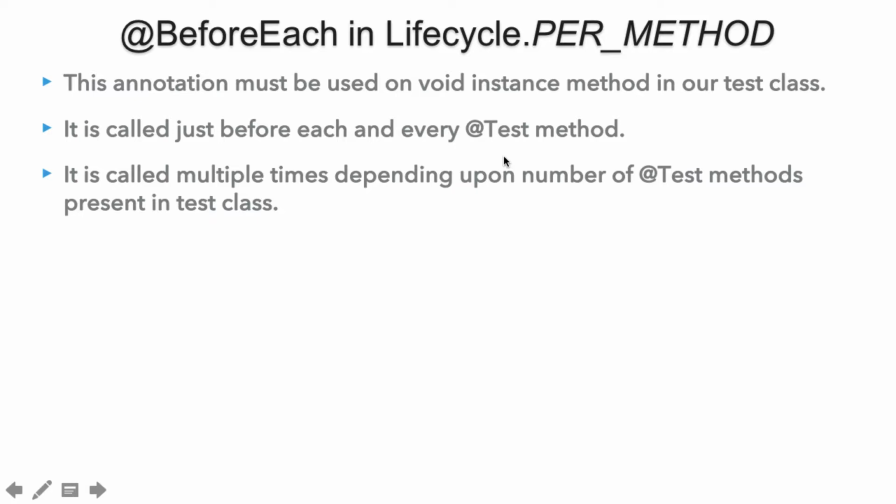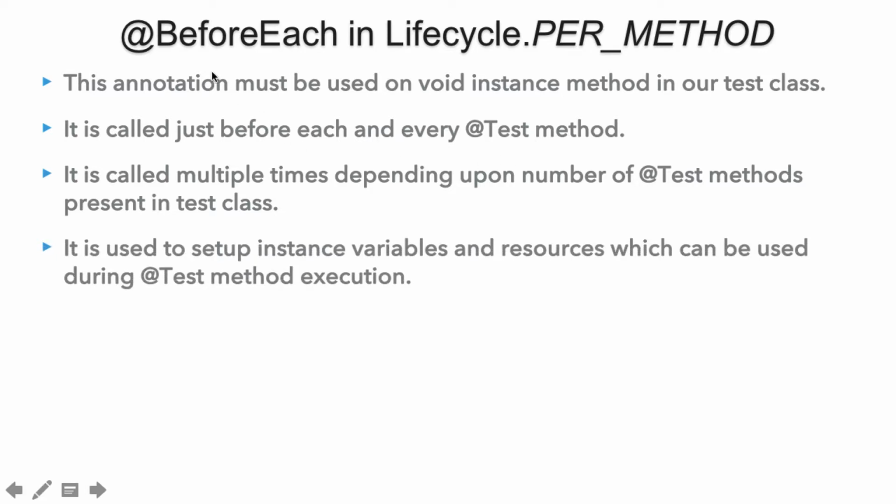Also, in our last lecture we saw that whenever we execute a test class, for each and every @Test method, a new instance of the test class is created. So the flow is, first the instance of the test class is created and the constructor is called, and then before executing our first @Test method, @BeforeEach is called, and this flow goes on with each and every @Test method.